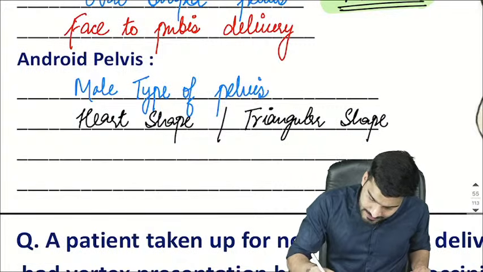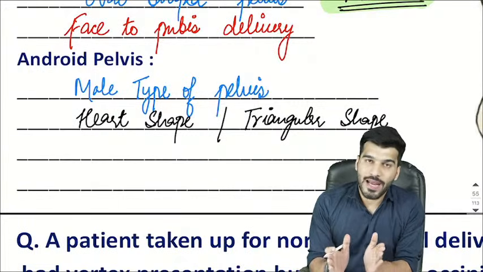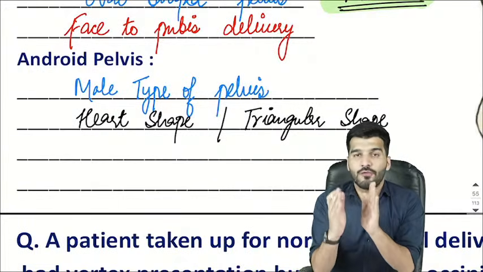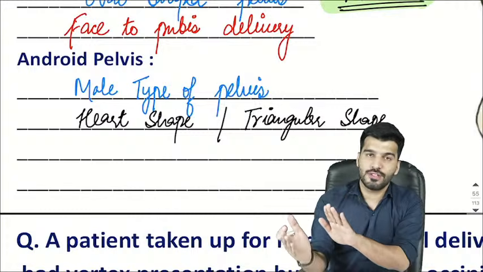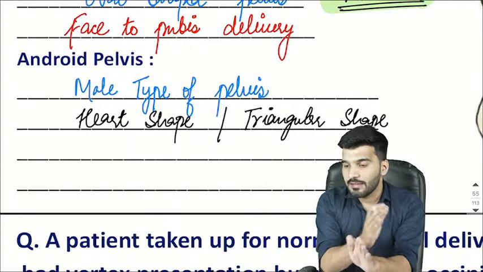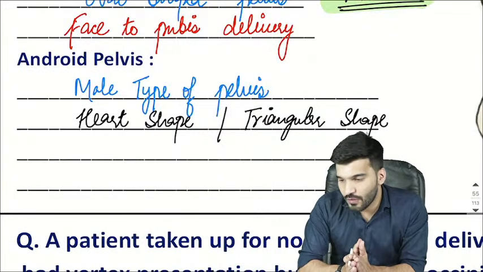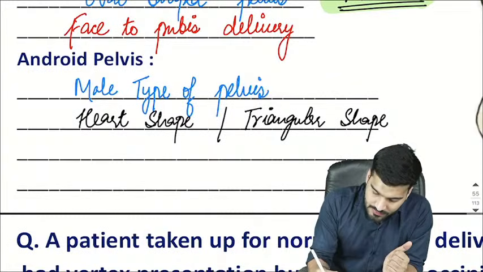This type of pelvis is spacious posteriorly but narrow anteriorly. That is why, when the presentation converts from occipito-posterior to occipito-anterior, midway it gets stuck. That stuck is what we call a deep transverse arrest.